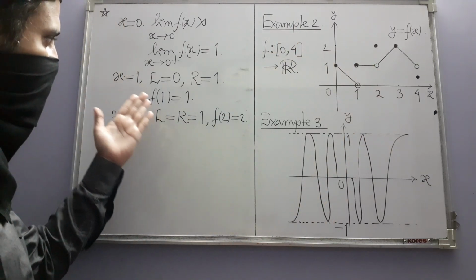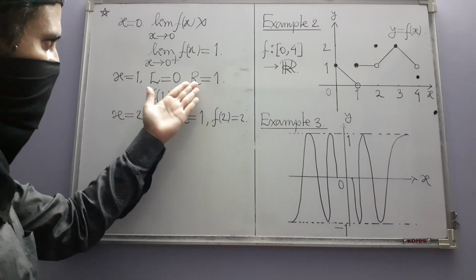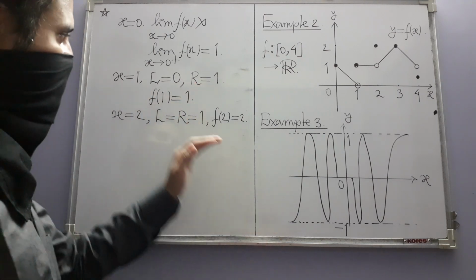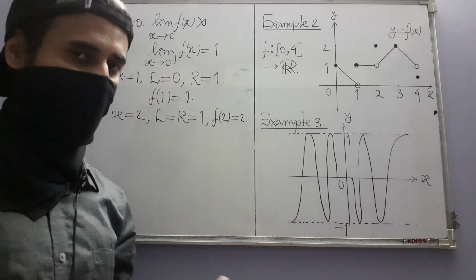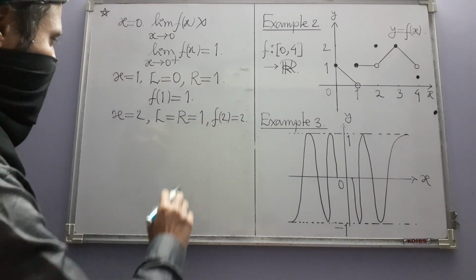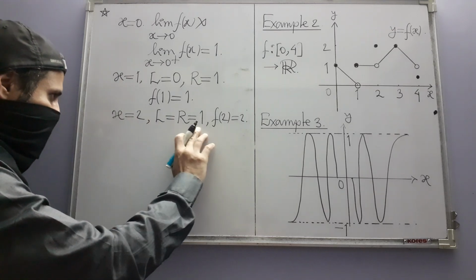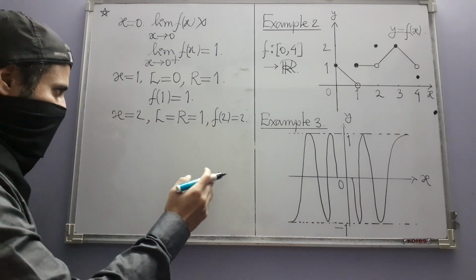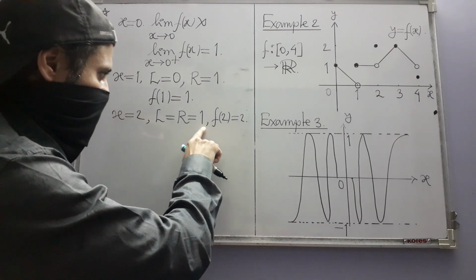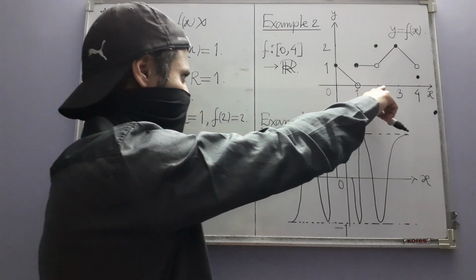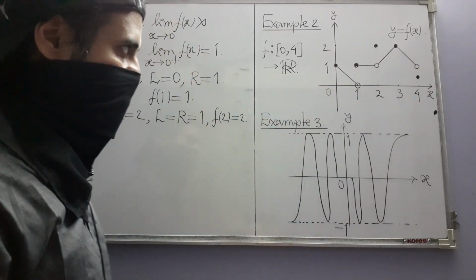So by theorem 5, the ordinary limit in this case also does not exist. However, the right hand limit is equal to the value of the function at that point. At 2, both the limits exist and are equal. So the ordinary limit also exists and is 1. However, that is not equal to the functional value.